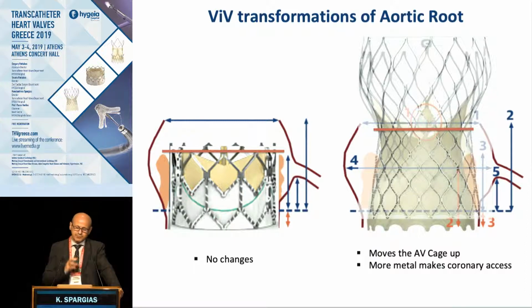So this is something we have to think carefully about when we're using our first valve, because it may have an effect, especially in younger patients that are going to need a second implantation for sure in the future. Of course, what comes first is the safety of the procedure, because you need to have an alive patient after 10 years to need a second procedure.